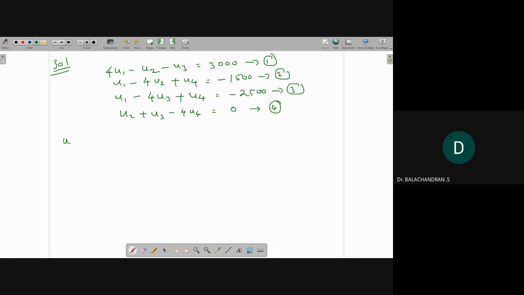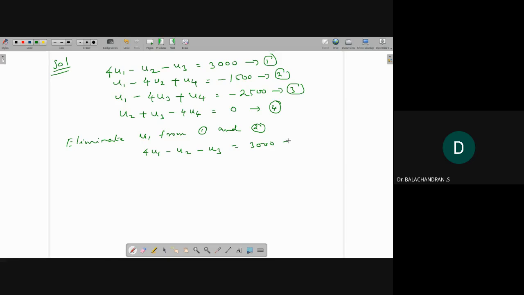Okay. So otherwise, we should eliminate u1 from 1 and 2. If we eliminate u1 from 1 and 2, we get 4u1 minus u2 minus u3 is equal to 3000.